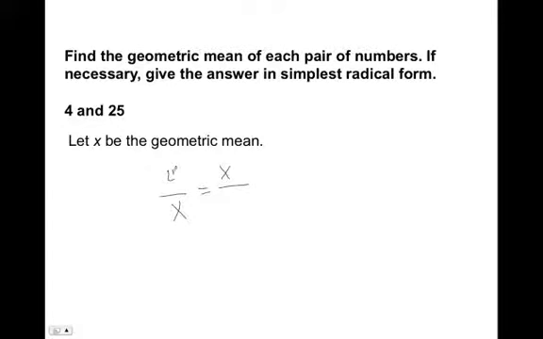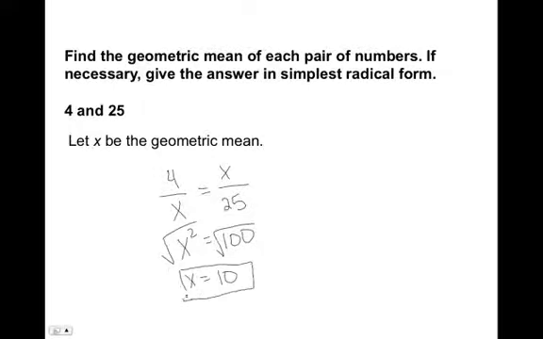So now we have our 4 and 25. Cross multiply to solve. X times X, 4 times 25. Now we have to take the square root. The positive square root of 100 is 10. So the geometric mean of 4 and 25 is 10.